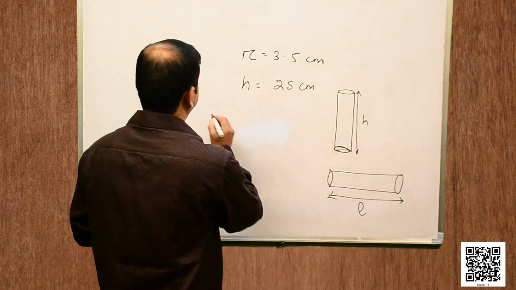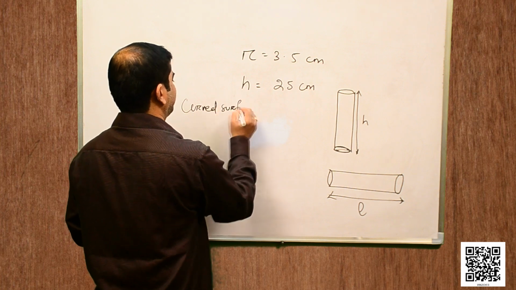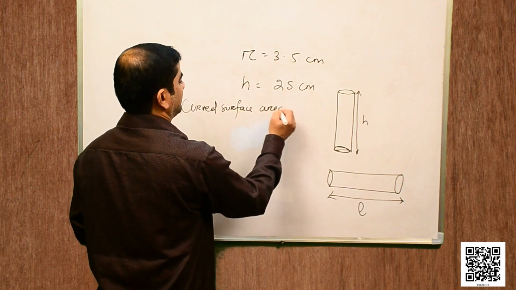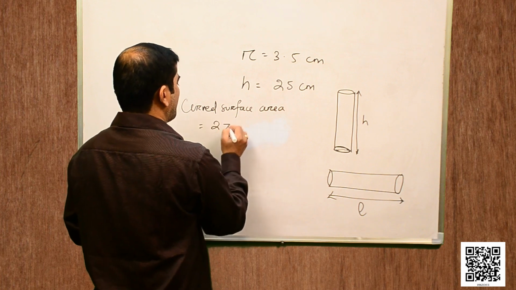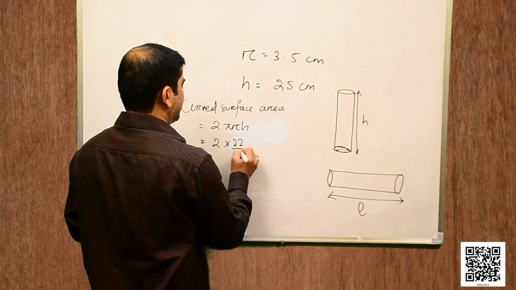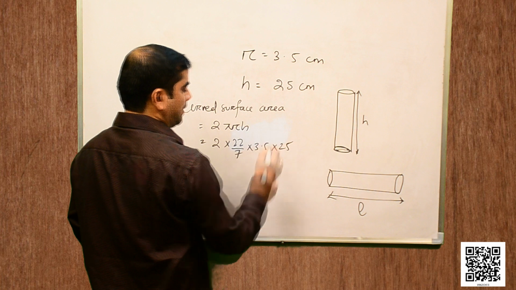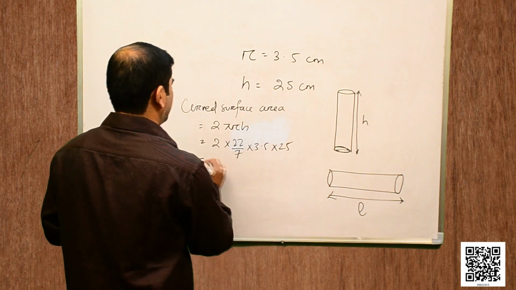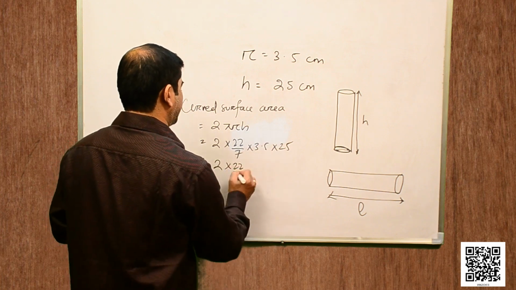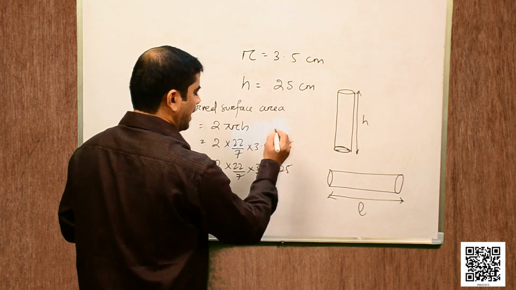So the curved surface area is equal to 2 pi r h, that is 2 into 22 by 7 into 3.5 into 25. So this becomes 2 into 22 by 7 into 35 by 10 into 25.